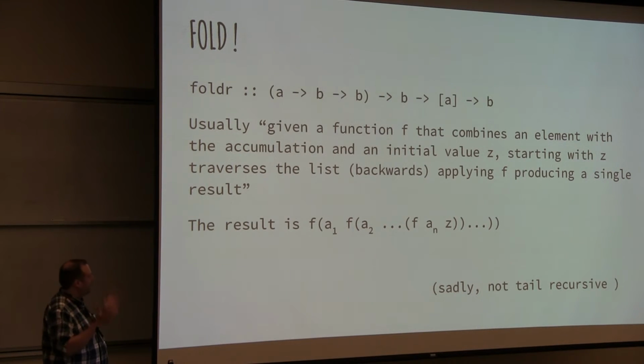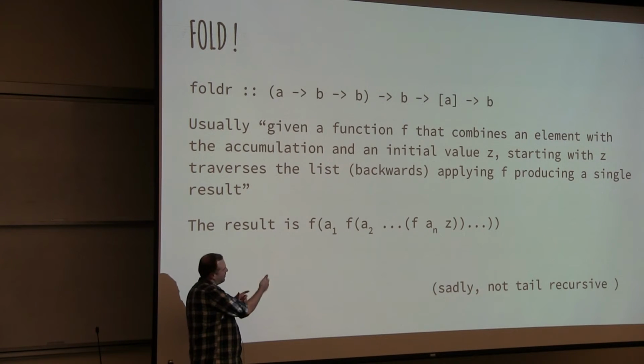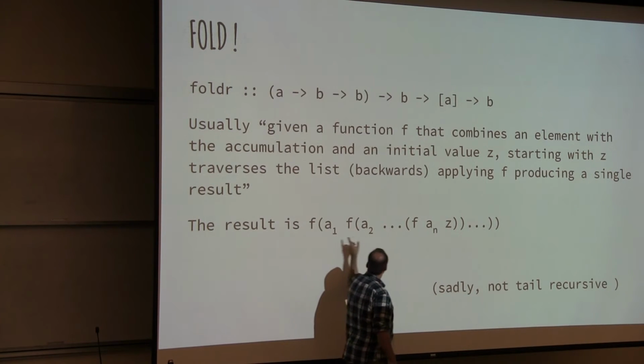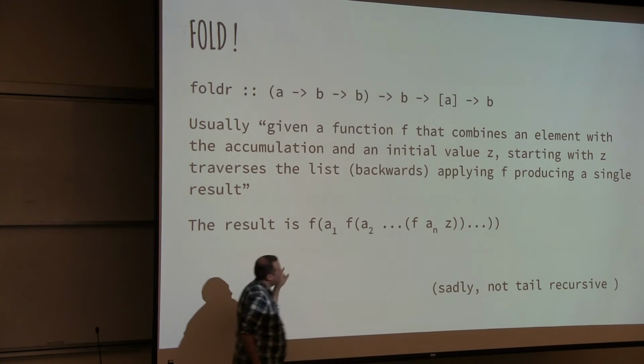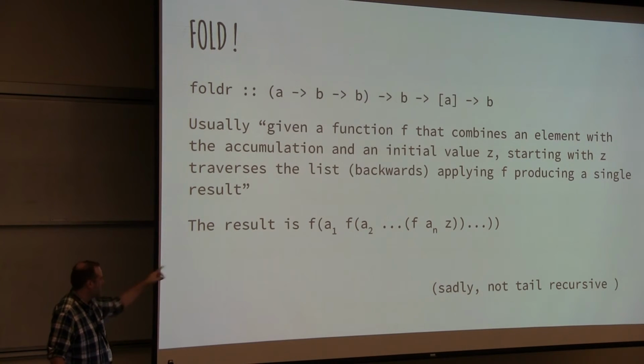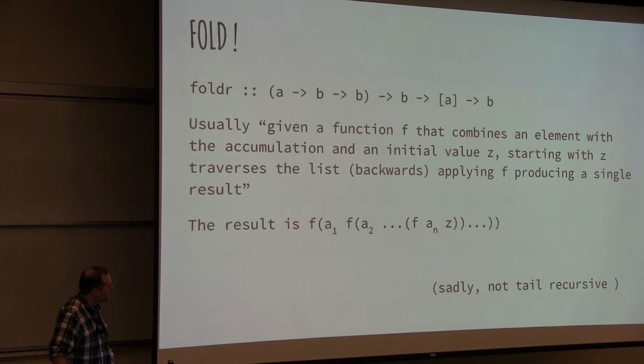That's a very informal definition of foldr. The important thing is we are applying functions with the initial value, combining everything. Suppose we don't evaluate immediately. Actually, in Haskell, you end up with that. And that's what you get with foldr.